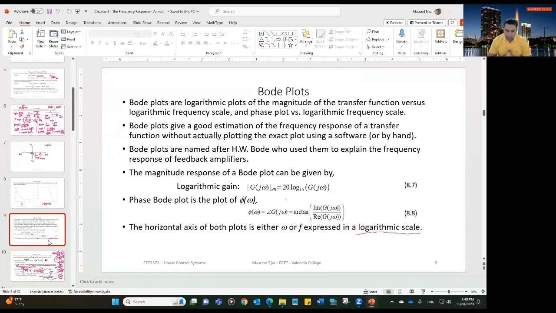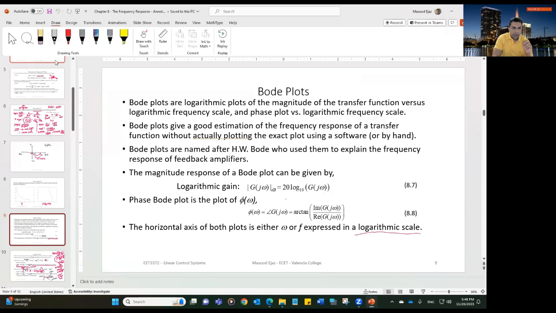So in Bode plot, we discussed that it's a logarithmic plot of magnitude, and we plot it versus the logarithmic scale on the x-axis. To calculate the logarithmic plot, whatever your magnitude response is, I should put this as magnitude response actually, whatever your magnitude response is, you take the log to the base 10 and then of course multiply that by 20.